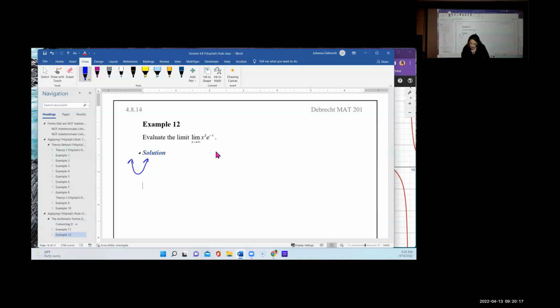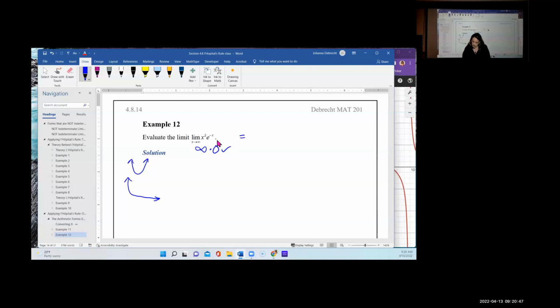So we have infinity times, and now the second part, e to the negative x. E to the negative x is a decreasing exponential function. It comes down like that, and it approaches the x-axis. So as x moves to the right, this approaches 0. So we do have that indeterminate form, infinity times 0. It's not a fraction, got to have a fraction.